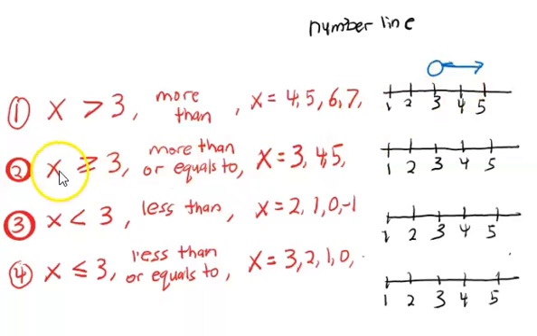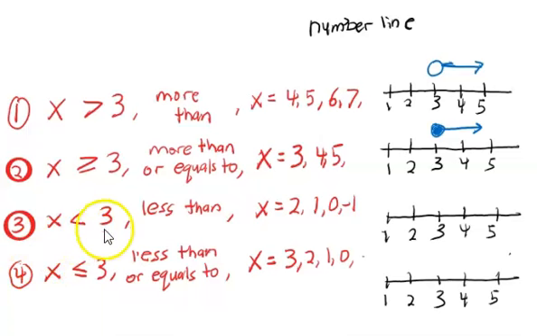Second one, x more than or equals to 3, we have to shade the circle. Remember, if you have more than or equals to, we have to shade the circle. Same thing here.